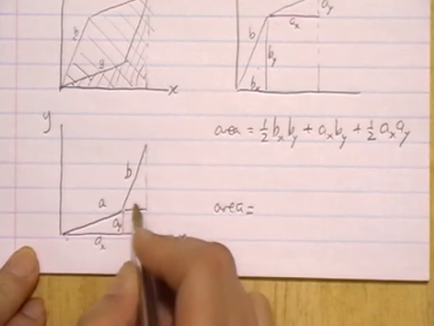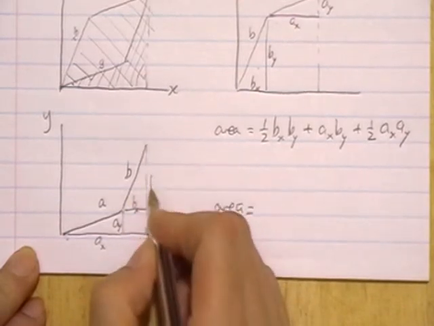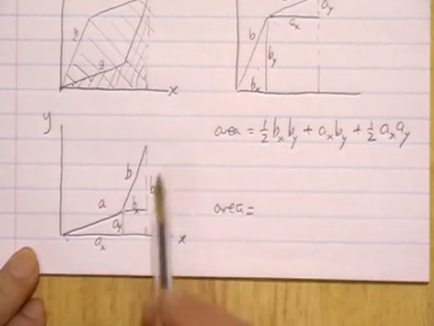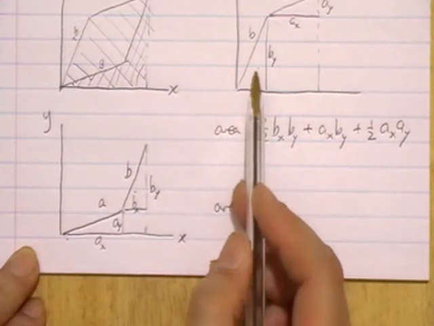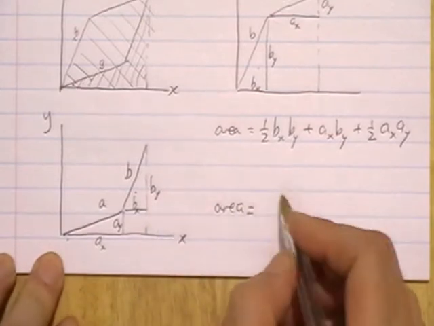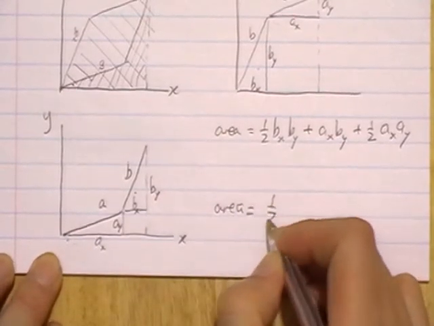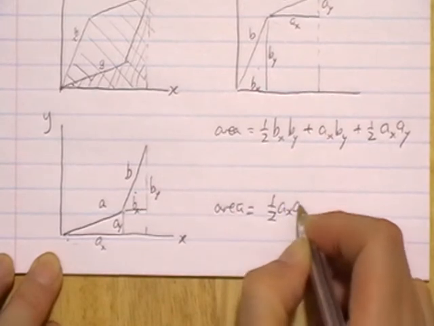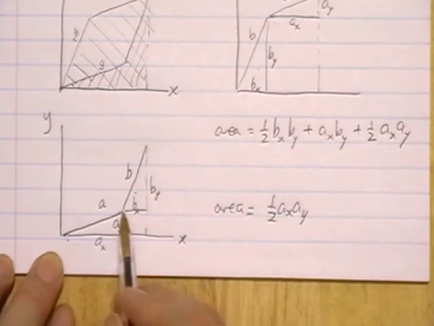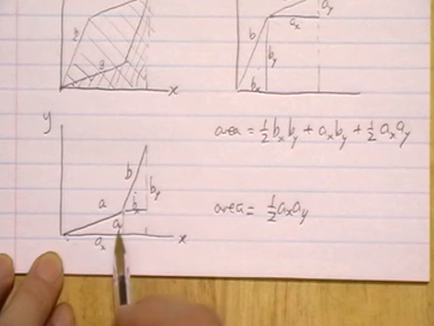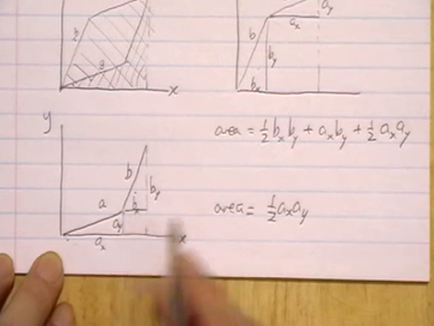For this is BX, this is BY. You can see that this is the same as that triangle. Therefore, the area of this triangle is half AX, AY. This rectangle is AY, BX.